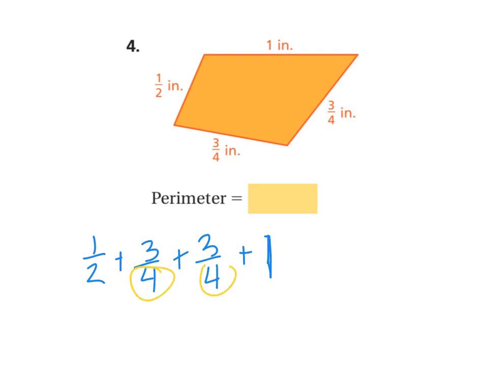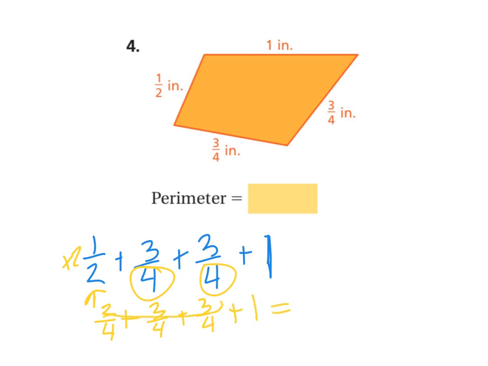So we need to get a common denominator. Okay? Well, a common denominator would be 4. All I do is change this 2 into a 4. So I'm going to multiply this whole thing times 2. So that changes this number from 1/2 to 2/4. Okay? So 2/4 plus 3/4 plus 3/4 plus 1.